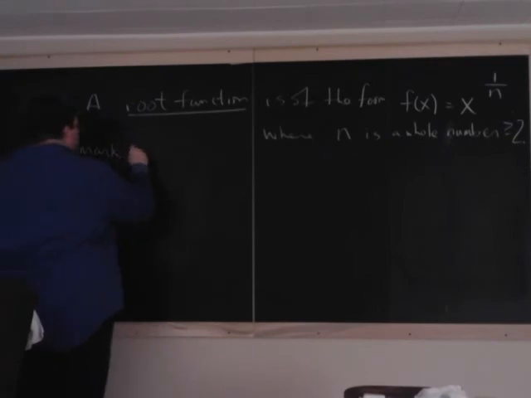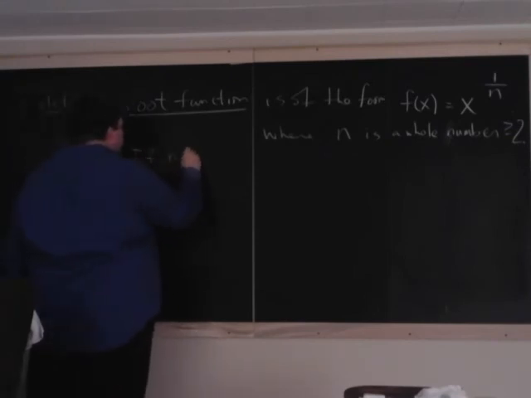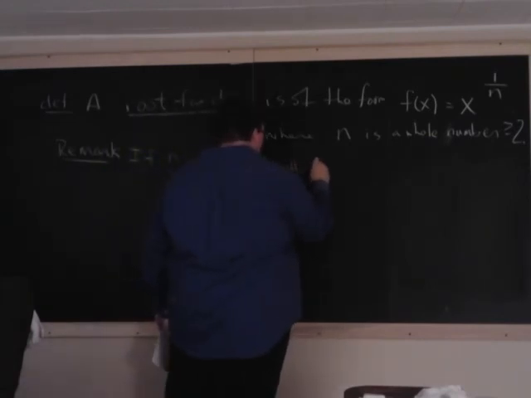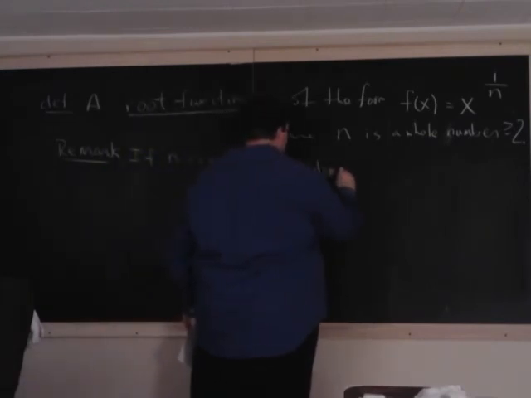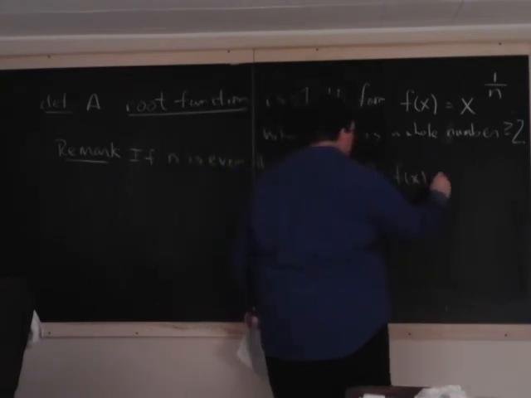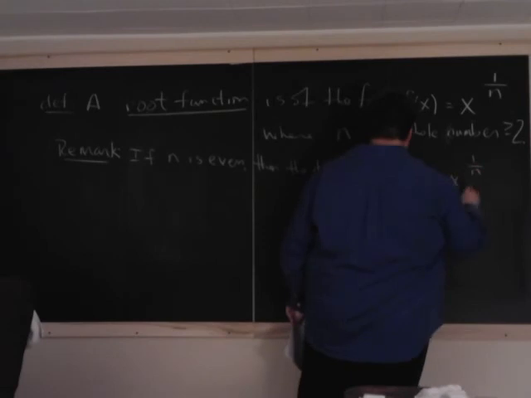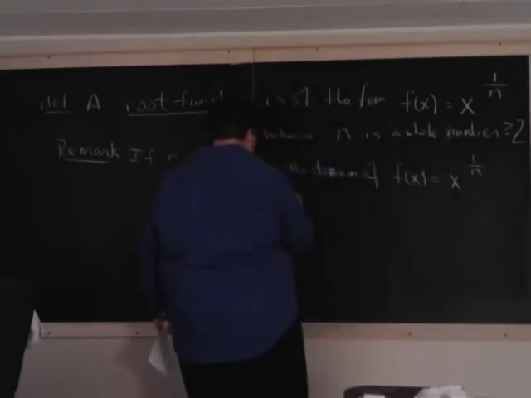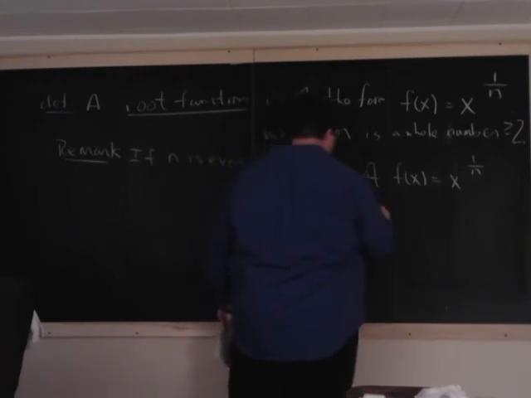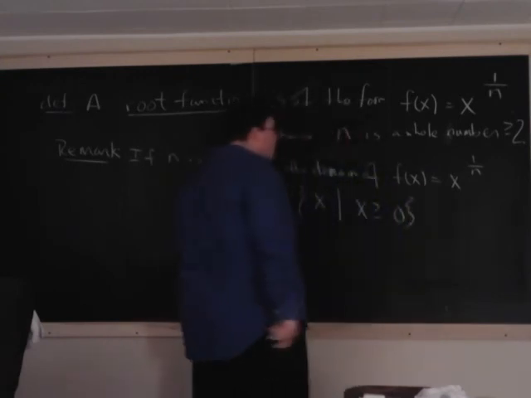If n is even, then the domain of f of x equals x to the 1 over n is the set of all numbers x such that x is greater than or equal to 0.